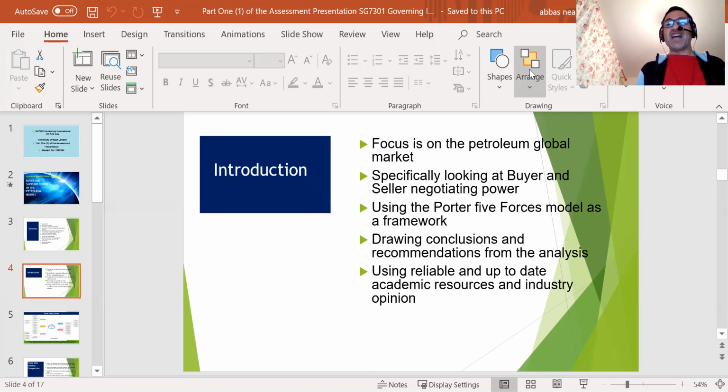Slide 4, introduction. Oil markets are essentially a global auction. The highest bidder will win the available supply. Like any auction, the bidder doesn't want to pay too much. A market can be tight or loose.